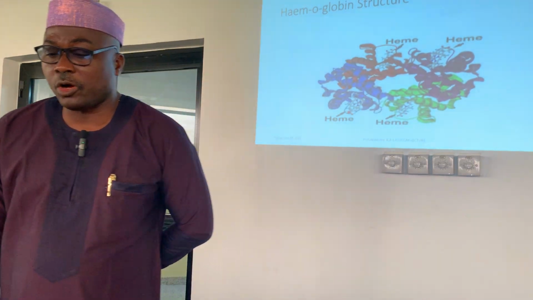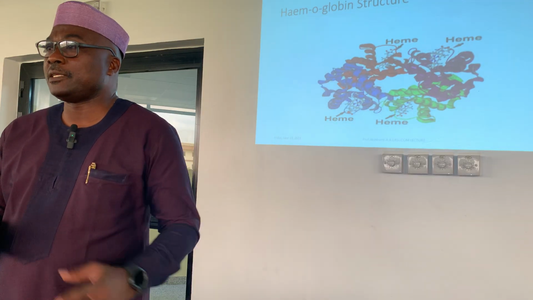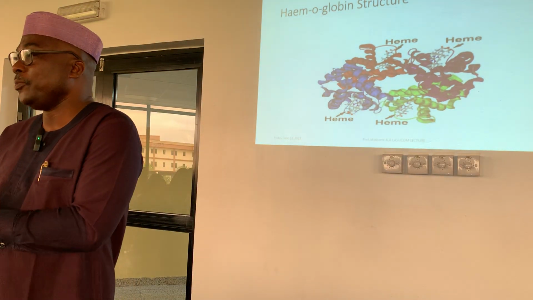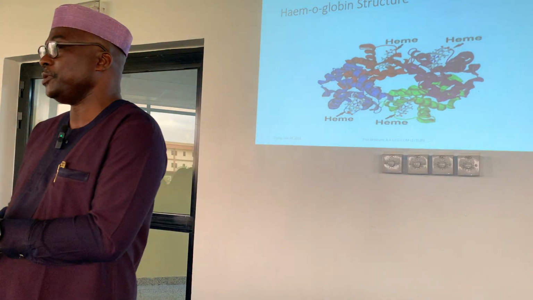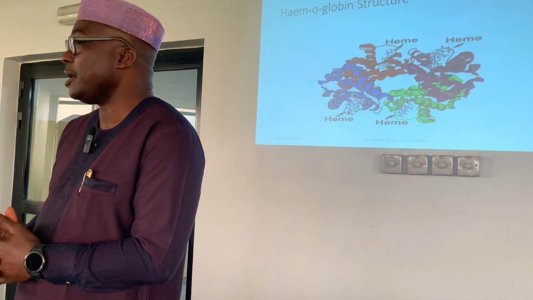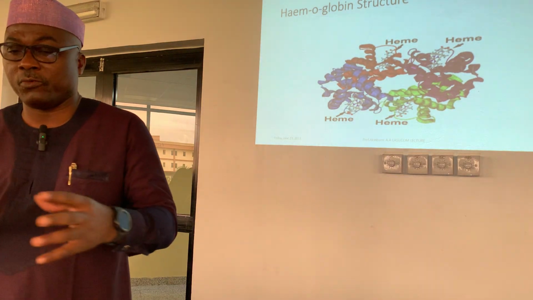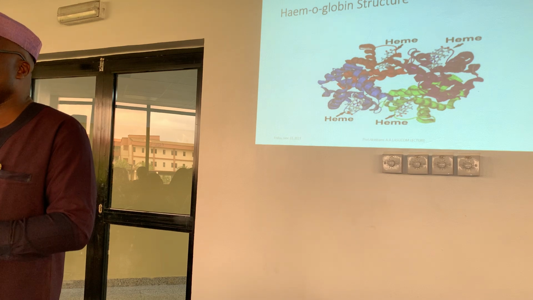So this is the structure of hemoglobin. Hemoglobin consists of heme and globin, and that is why it is called hemoglobin. The globin is polypeptide, and there are 4 polypeptides per hemoglobin and 4 heme.